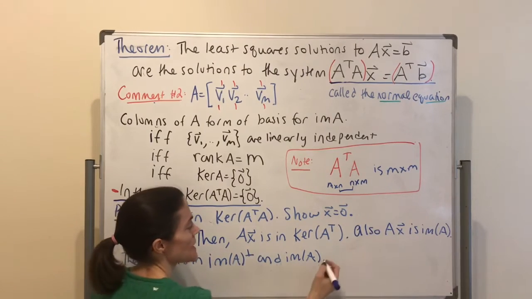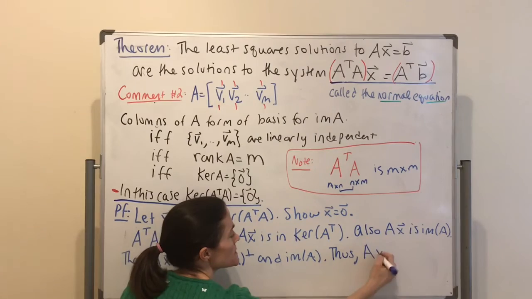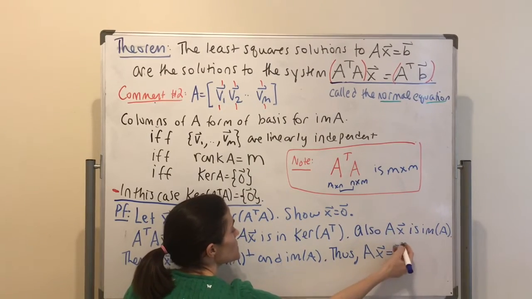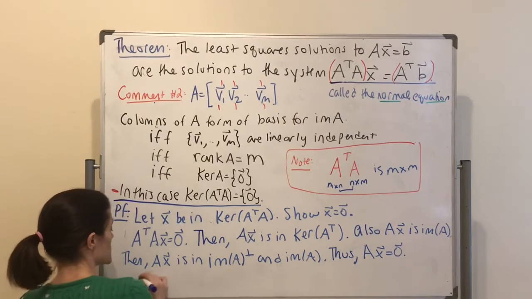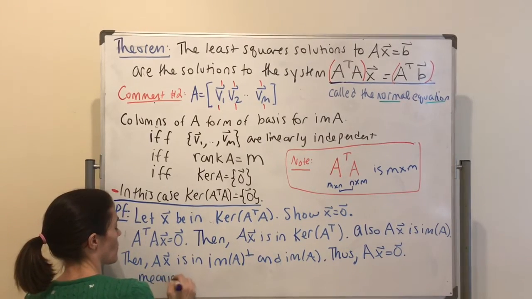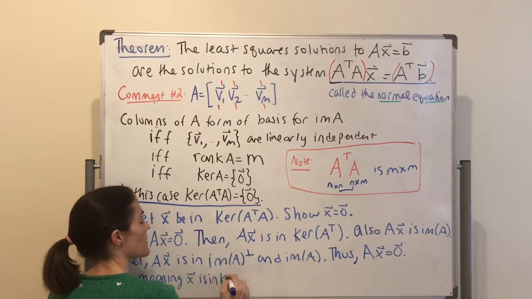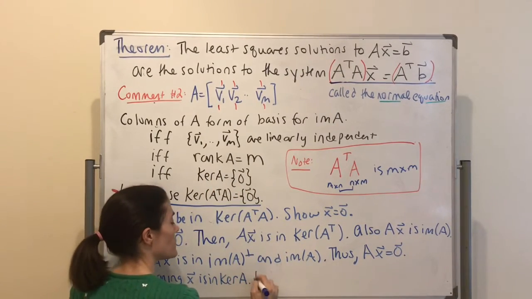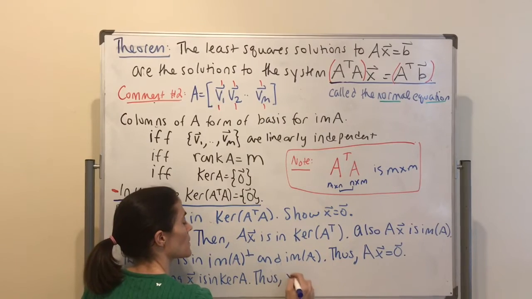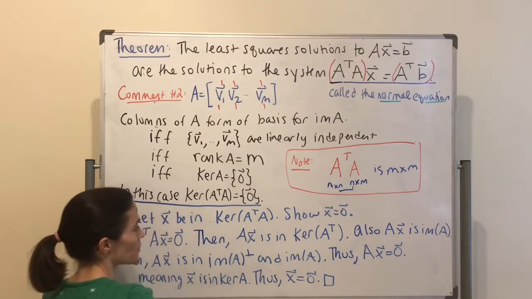The only time this happens is if the vector itself is 0. This was one of our properties of orthogonal complements. And so this means X is in the kernel of A, but look, the kernel of A is 0. We get X is 0. And this is the end of this proof.